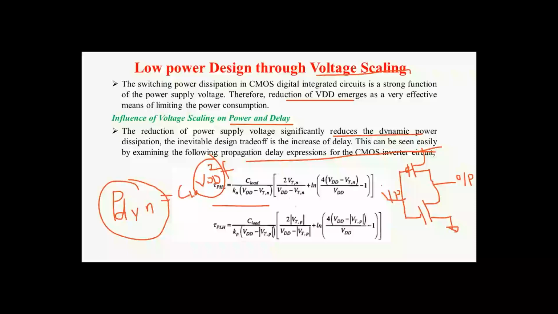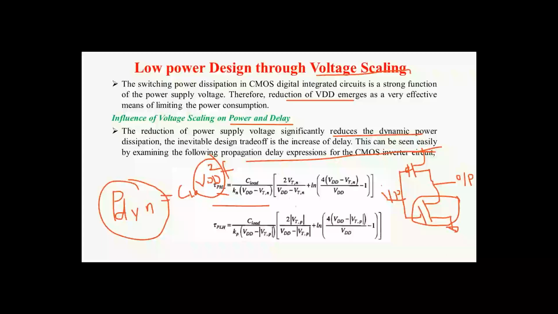Here the expression denotes the propagation delay for high to low as well as low to high. When the input is high, the output is low. When the input is high, the NMOS transistor is on, and the charge discharges through the NMOS transistor to the ground. Hence the output is low. That is the high to low transition.